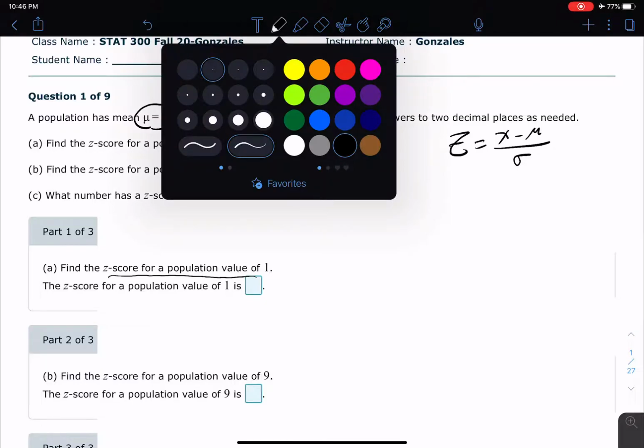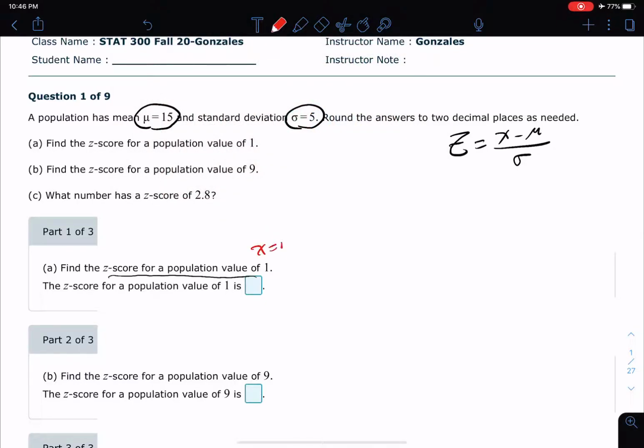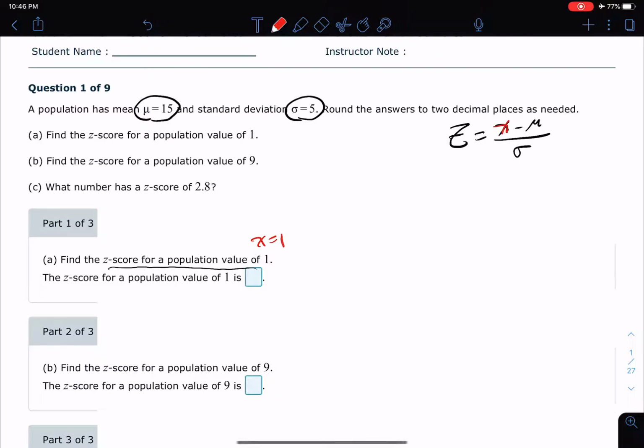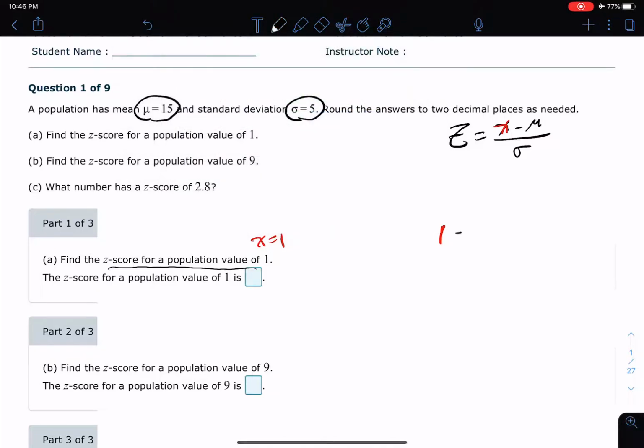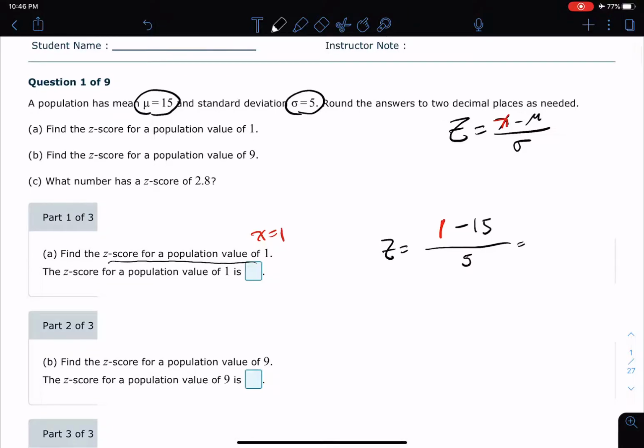Part A says, find the z-score for a population value of 1. So basically, we're saying x equals 1. If x equals 1, then what is the z value? We're going to use this formula to make that happen. We put in a 1, and then the mean in this problem was 15, and we divide by the standard deviation, which was 5. So our z value is 1 minus 15, which is negative 14, over 5.